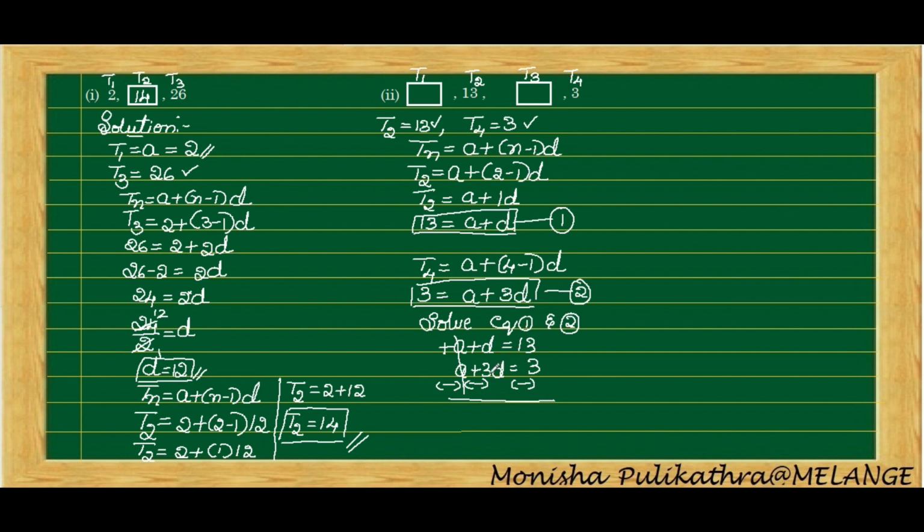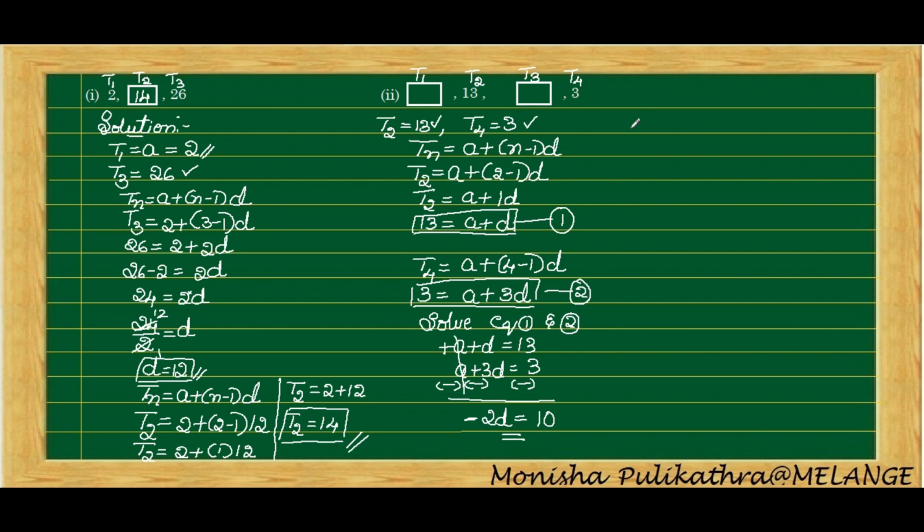We need to subtract it. So 3D minus D is 2D, where the larger number is 3. The sign we interchanged is minus. So the sign here must be minus. Okay. In the next step, plus into minus is minus. 13 minus 3 is 10. Here the larger number is 13 and the sign it carries is positive. So it is positive. Okay.